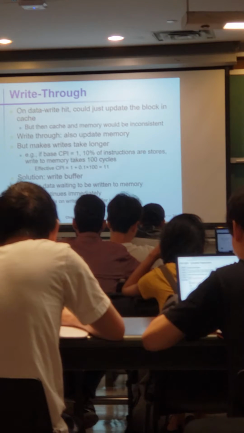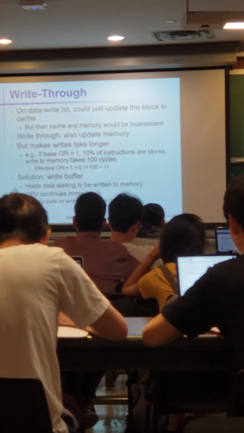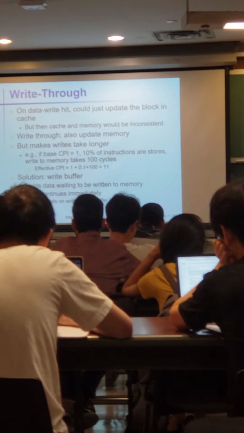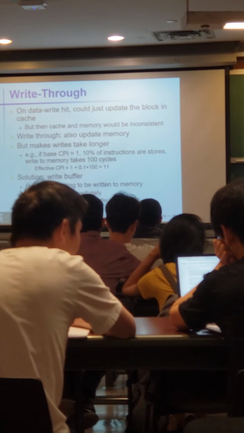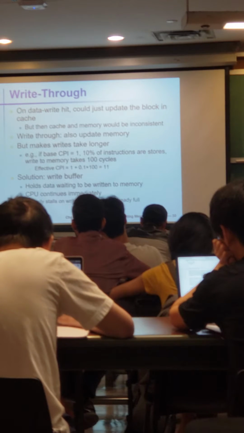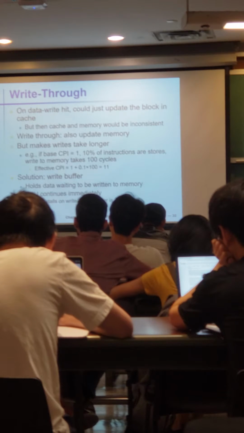Or you bring it to the cache, but then let the cache, through the next cycle, write it back to the RAM. So the cache is constantly trying to update the data in the RAM according to the writes. This is good because this can be done in parallel. The CPU is running and the cache is communicating with the memory, right?